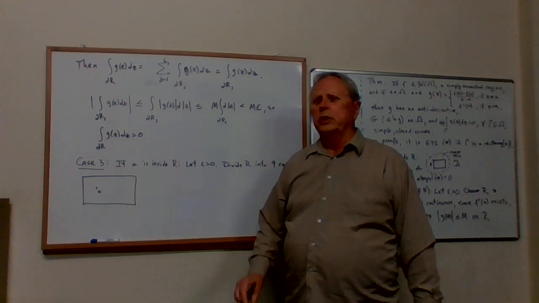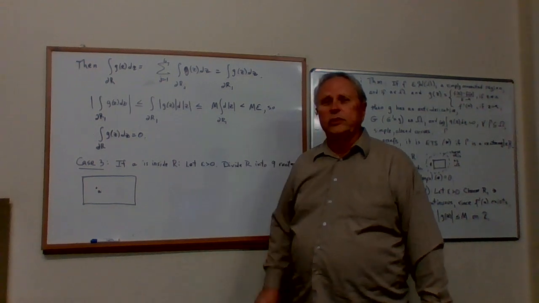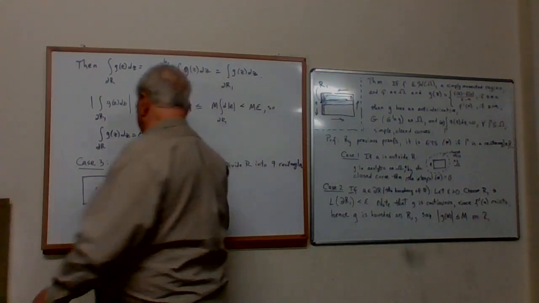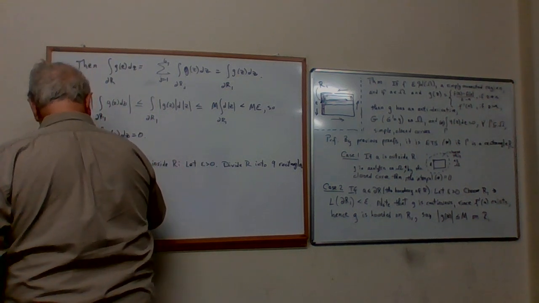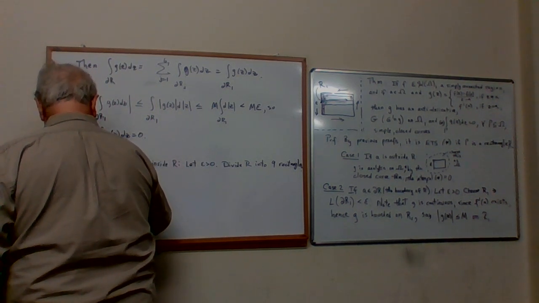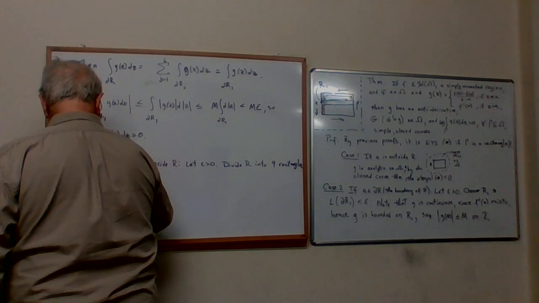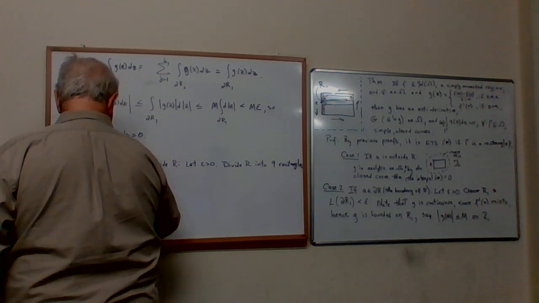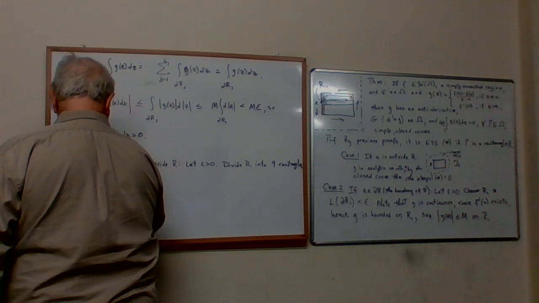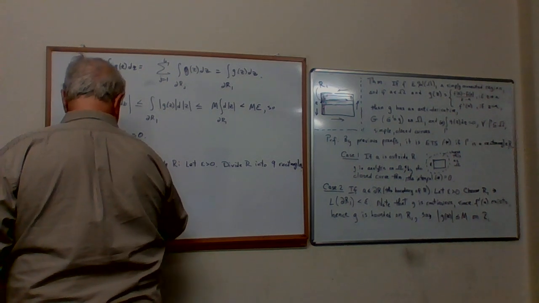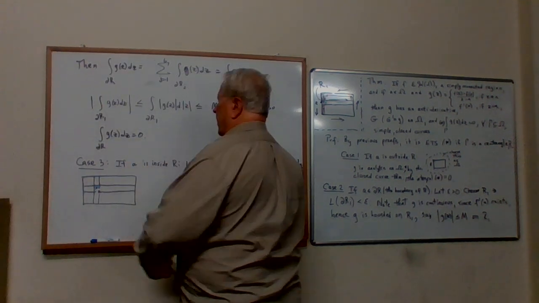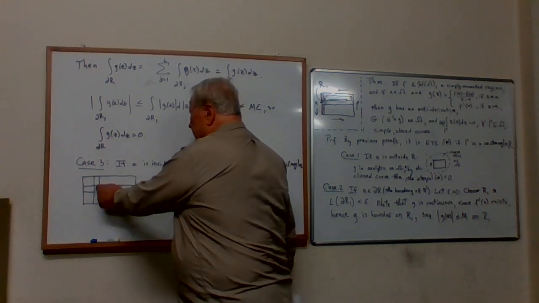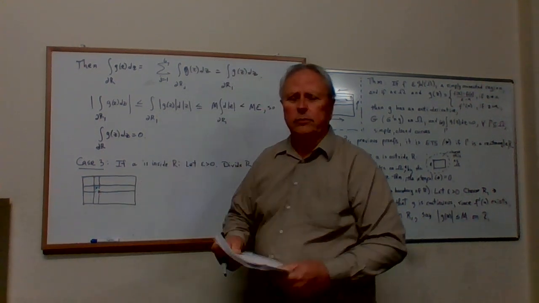And what I'm going to do is surround A once again so that it's inside a little bitty rectangle. So I'm going to put one segment just a little bit to the left, another segment a little bit to the right, another segment a little above, and another segment a little below. And so now I have 1, 2, 3, 4, 5, 6, 7, 8, 9 rectangles. A is inside one little rectangle.